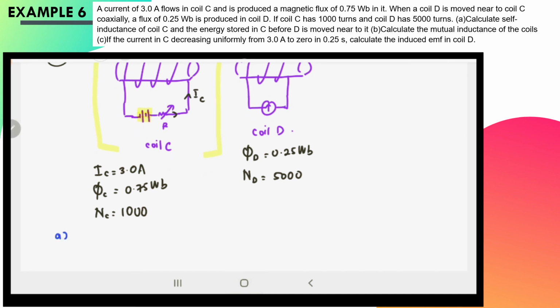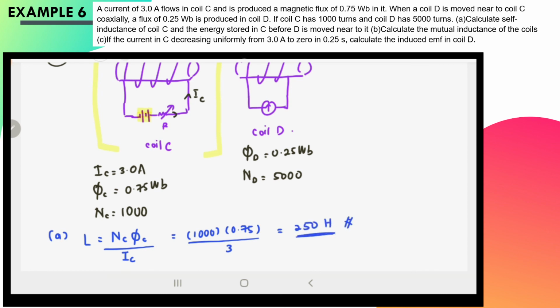Okay, so A, where L is equal to N_C times the magnetic flux in C over the current flowing in C. So substitute all the values, and it's equal to 250 Henry.